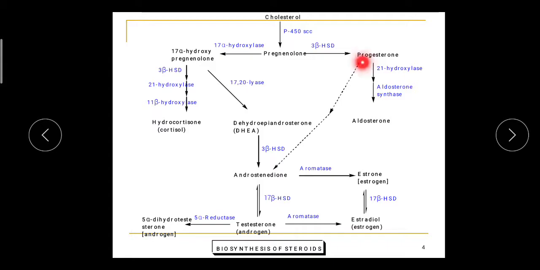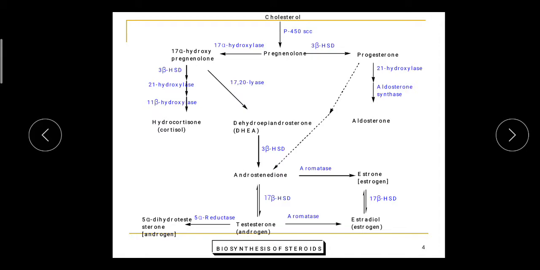And this progesterone converts into androstenedione, and this is the direct pathway, and the indirect pathway is through 17-hydroxypregnenolone. This is the main pathway.